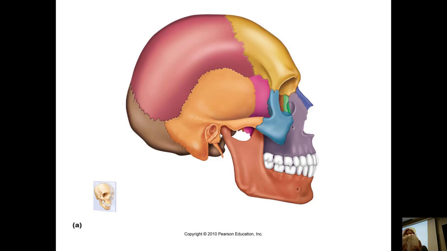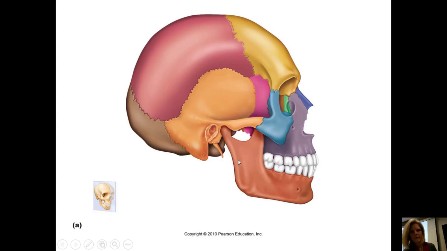The mandibular fossa. Again, that's part of the temporal bone. So it's between the external auditory meatus and the start of the zygomatic process. It's just this U-shaped groove right here. And again, that's called the mandibular fossa, because this whole jawbone is called the mandible.